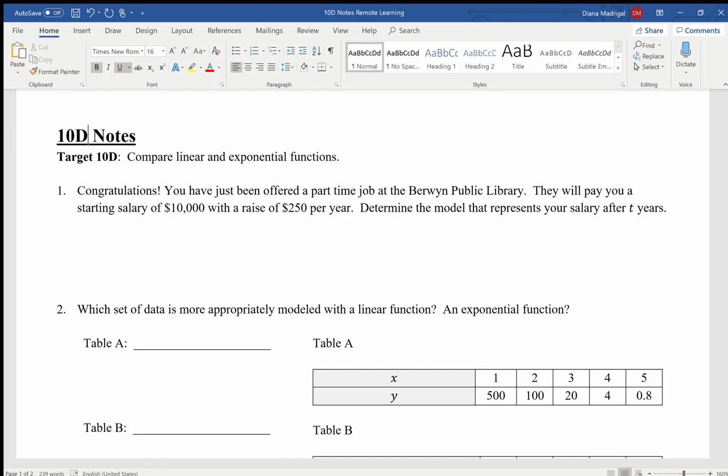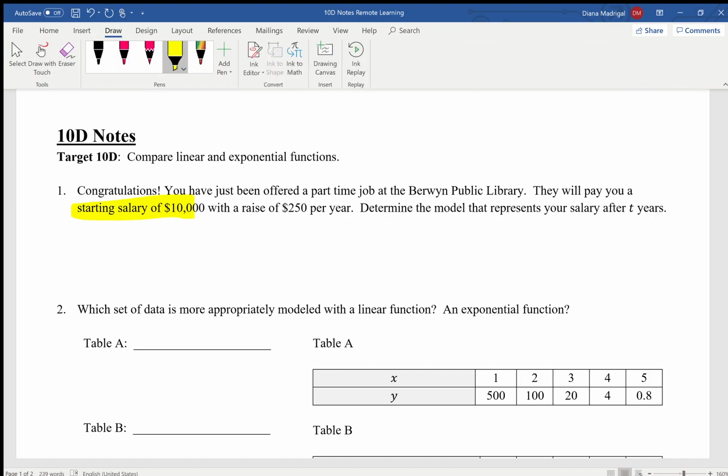All right, question number one says: congratulations, you have just been offered a part-time job at Fairwind Public Library. They will pay you a starting salary of $10,000 with a raise of $250 per year. Determine the model that represents your salary after T years. This question is a review question from Target C. You need to write the equation for this.